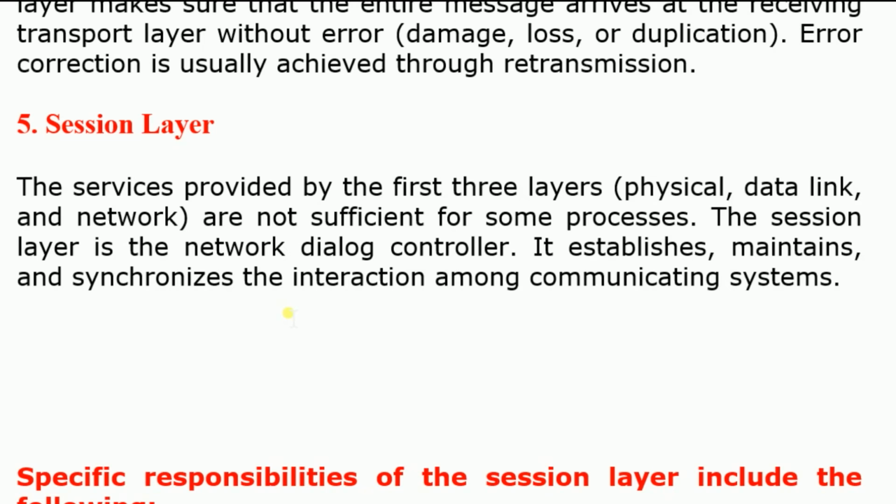The services provided by the first three layers are not sufficient for some processes. Then the session layer is the network dialog controller. That means on each and every computer there will be a separate session, and it maintains and synchronizes the interaction among communicating systems.